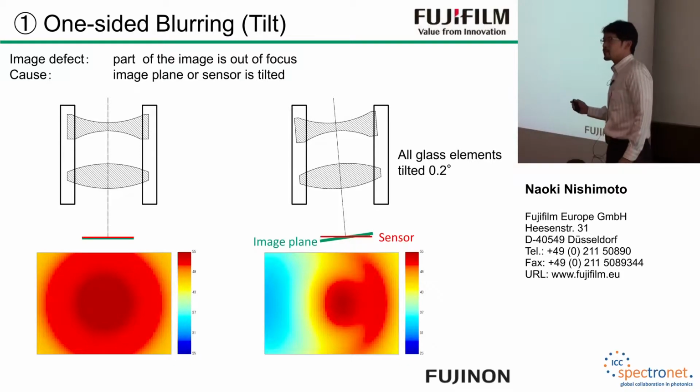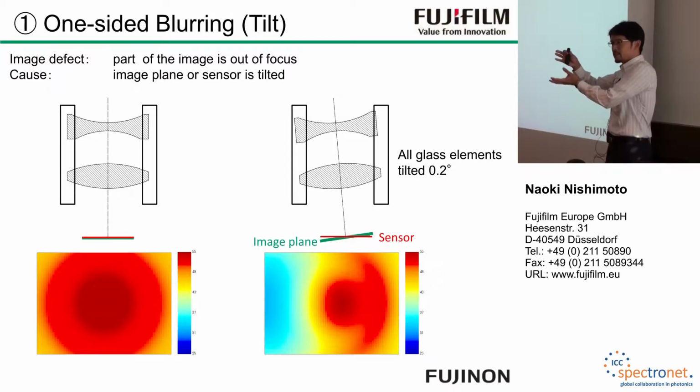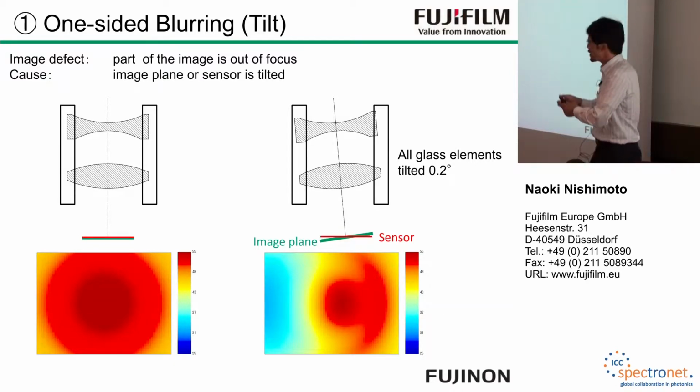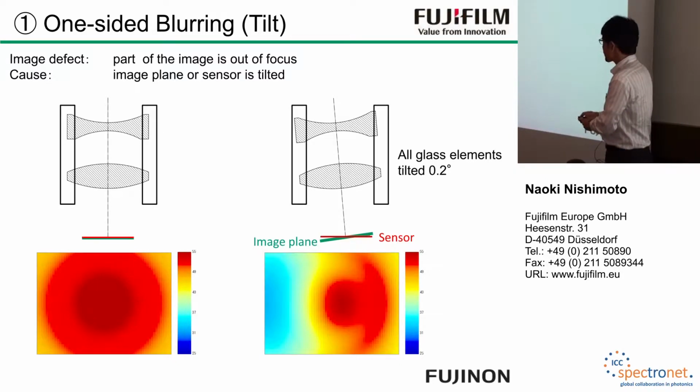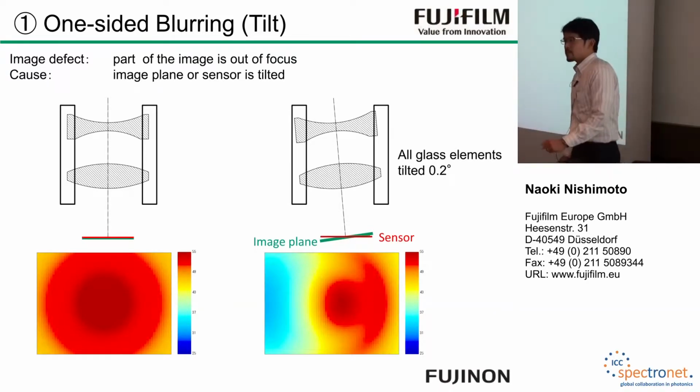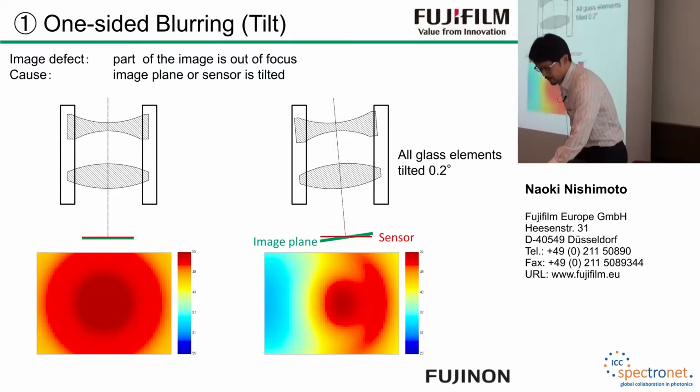And then the lens is assembled perfectly, and also lens and camera are set perfectly. Then the image plane of the lens and the sensor of the camera fit together perfectly. So we can get this resolution feature.